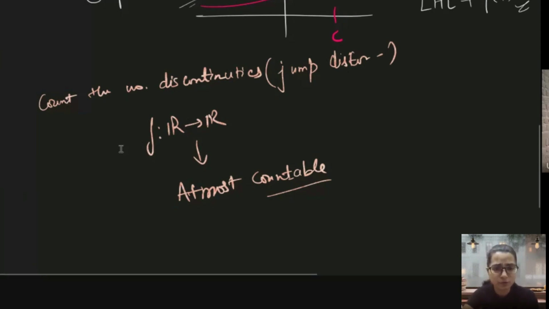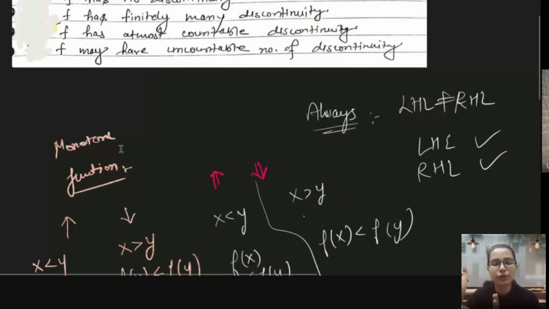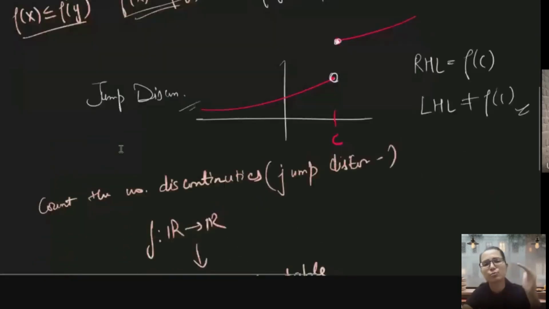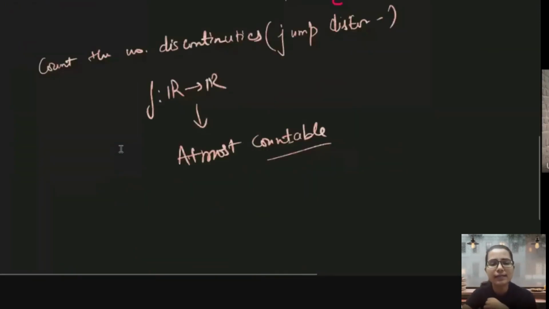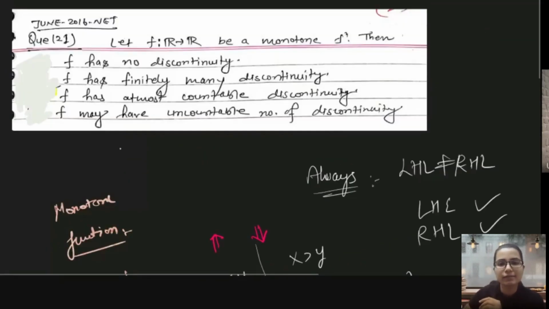You can get the idea of the proof by dividing into different intervals, a union of different open intervals. The proof is a little time taking, so I'm not sharing the proof. You can always refer to the proofs in books, Bartle and Papa.